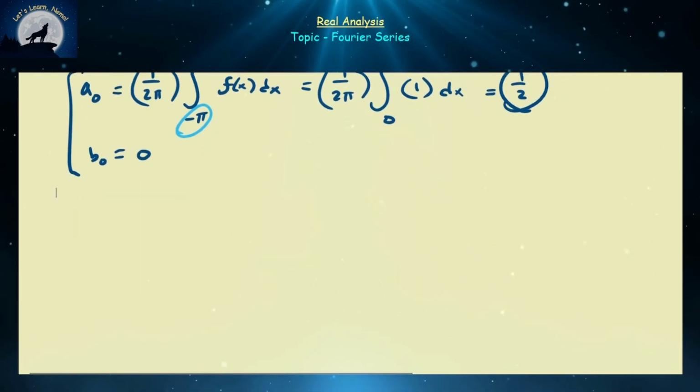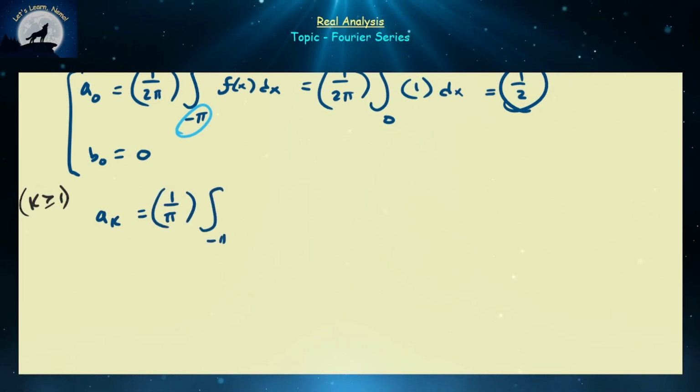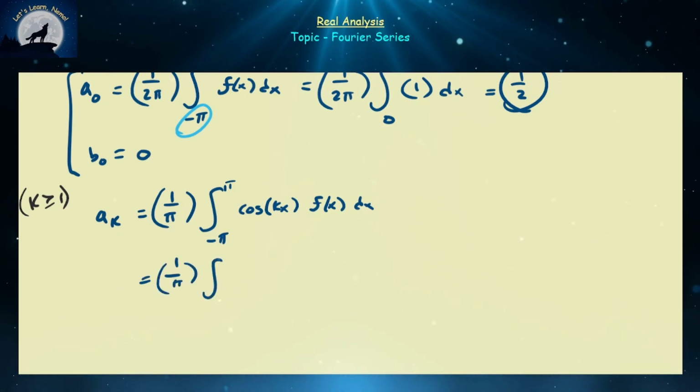Now let us figure out what, for k greater than or equal to 1, these Fourier coefficients are going to be equal to. So let's start off with ak. So ak is going to be equal to 1 divided by pi times the integral from minus pi to pi of cosine of kx times our function f of x, and that's going to be equal to what? So we're going to be doing the same exact simplification. We're just going to integrate from 0 to pi of the cosine of kx dx.